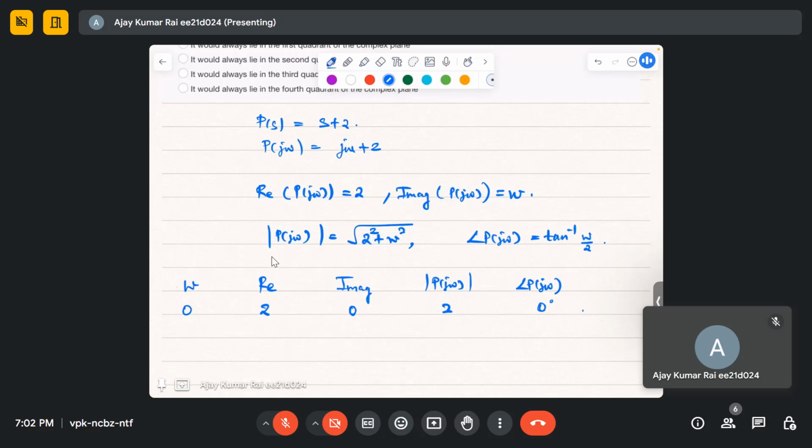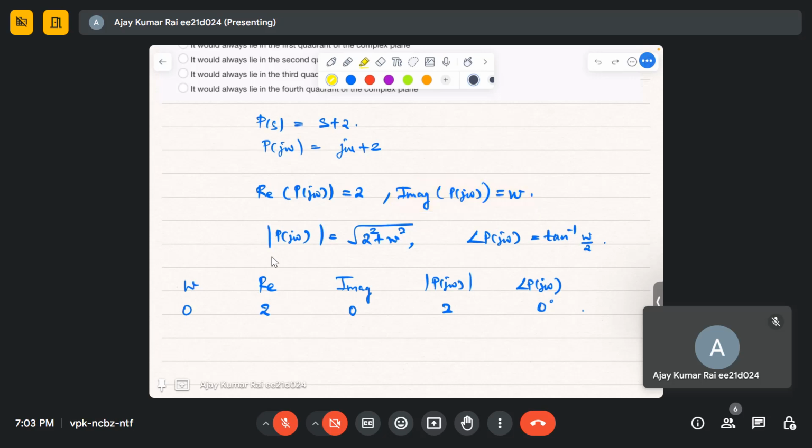At omega equal to 0, the real part is 2, and the imaginary part is 0.